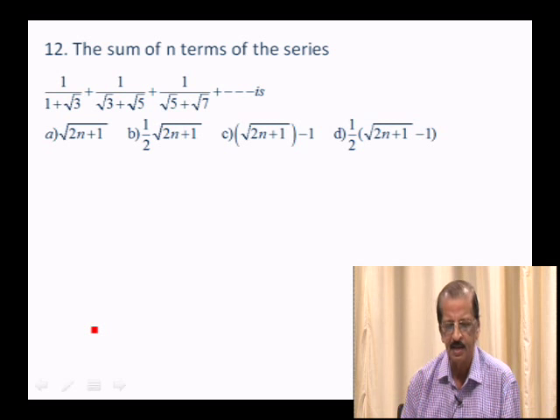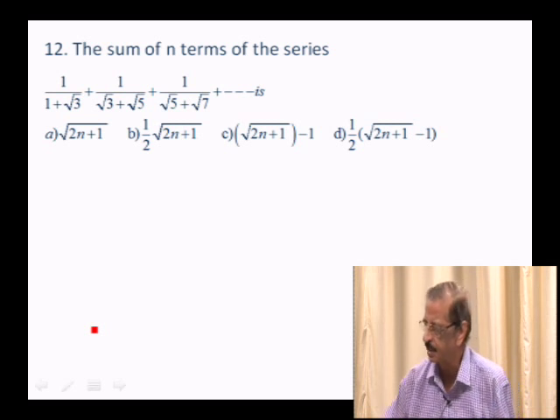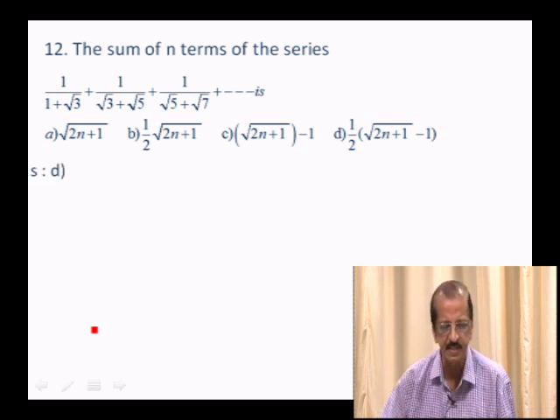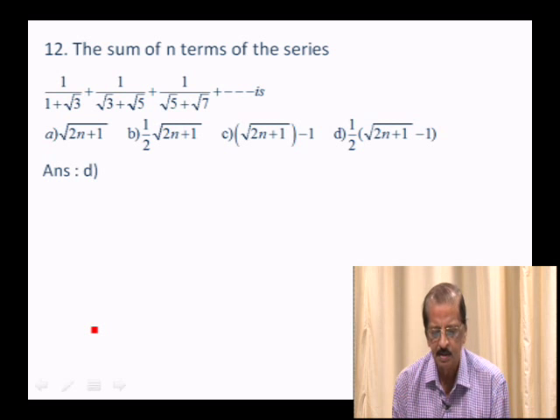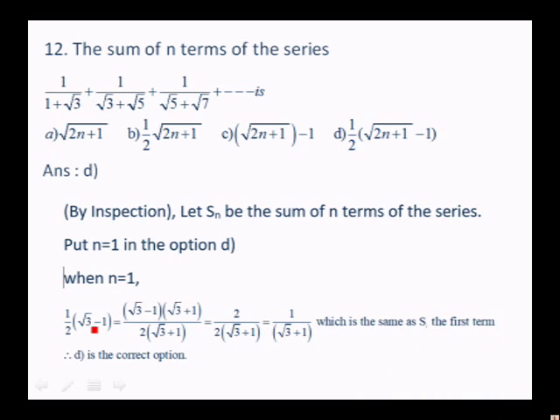Because whenever they give the sum of n terms or the nth term, what we do is substitute n is equal to 1, n is equal to 2 in the options. When we do that, we get the answer. So if I just consider this one, if I put n is equal to 1 in the options, let Sn be the sum of n terms, put n equals 1 in option D. When n equals 1, option D is half of root 3 minus 1.